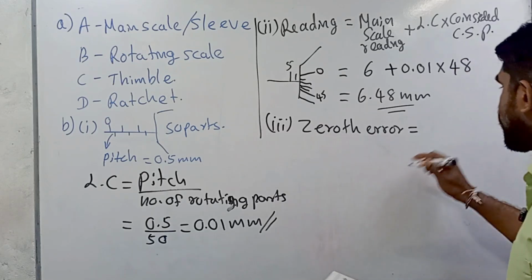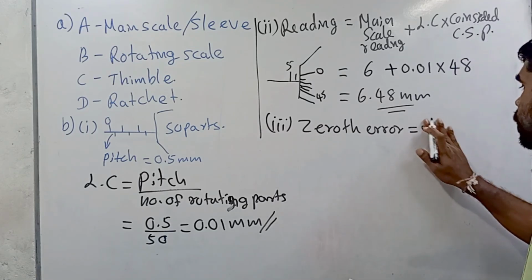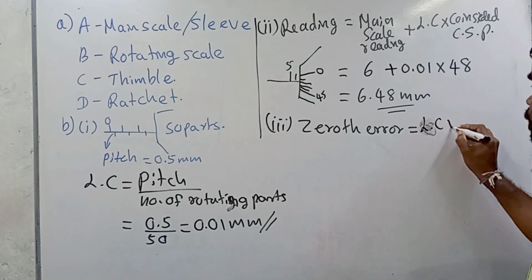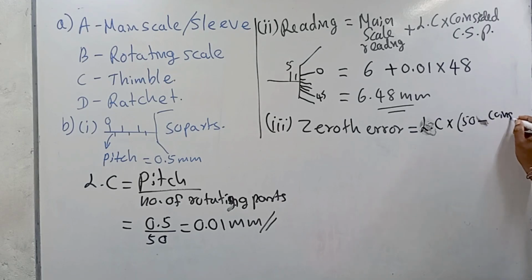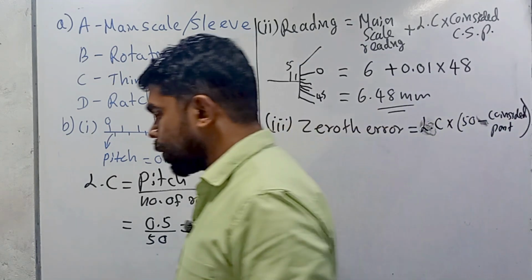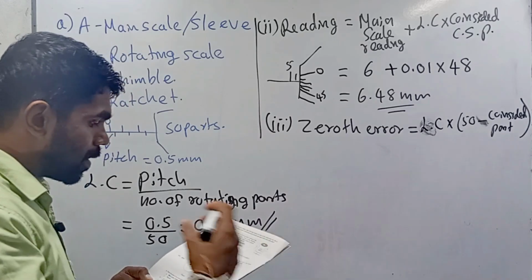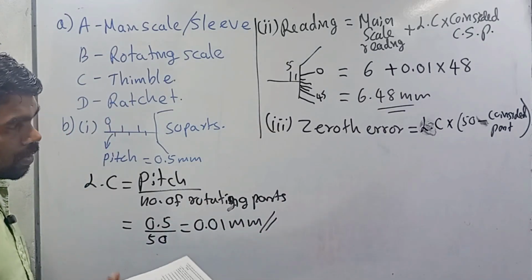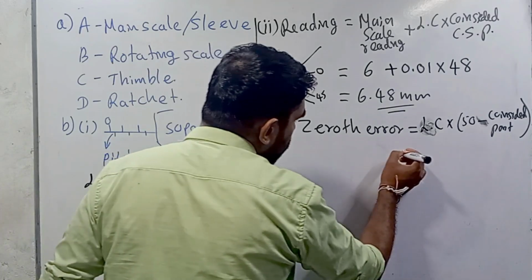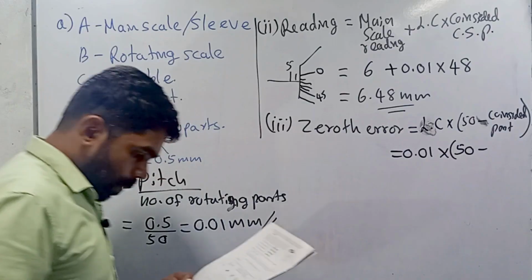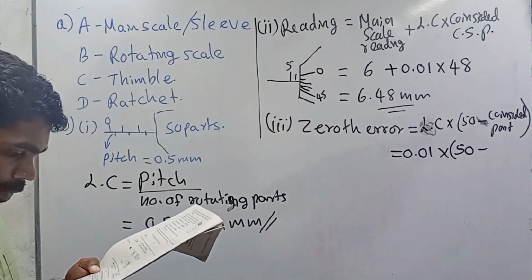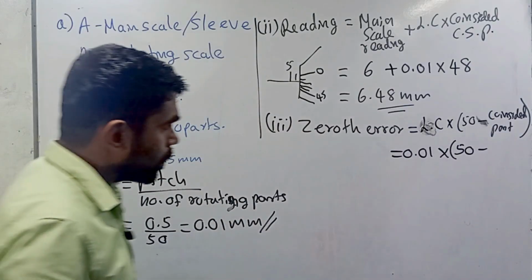Then zero error is least count into 50 minus coincided rotating scale part. We have to get 50 minus the value because we can't see the zero mark. Least count is 0.01. 50 minus the coincided mark in figure 2, 45, 46, 47.